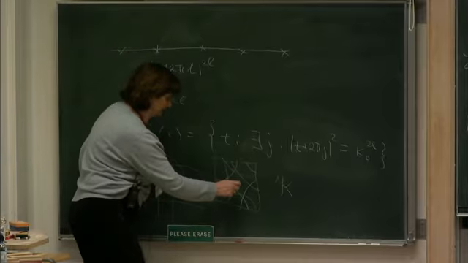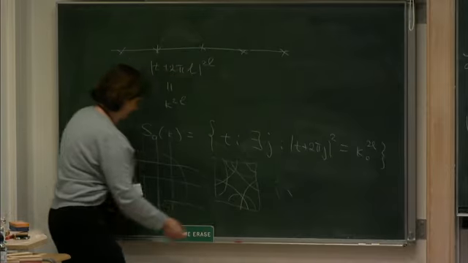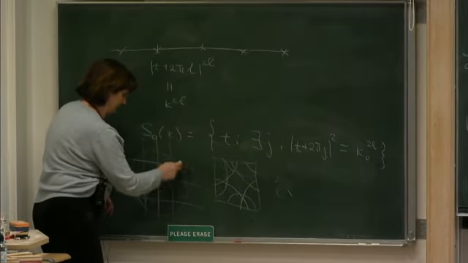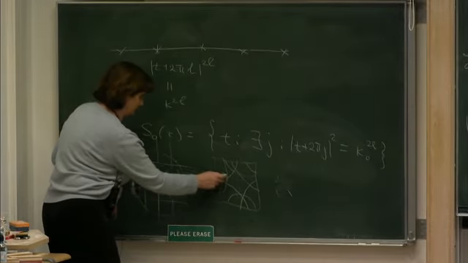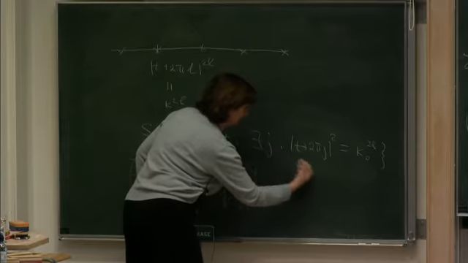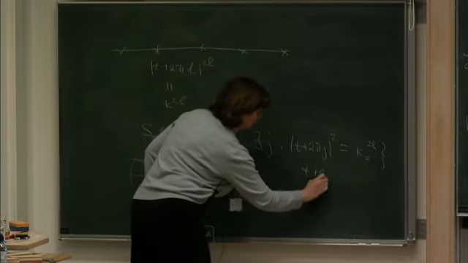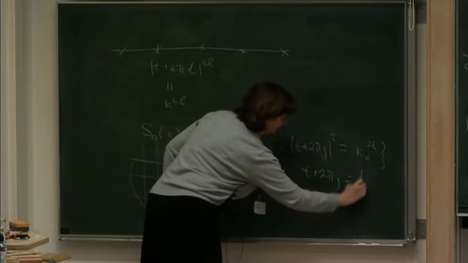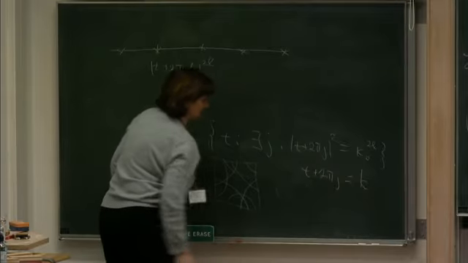So then you may ask, what is the correspondence between these points and these points? Clearly, if you have t plus 2 pi j, its norm is k, because it is on the sphere.